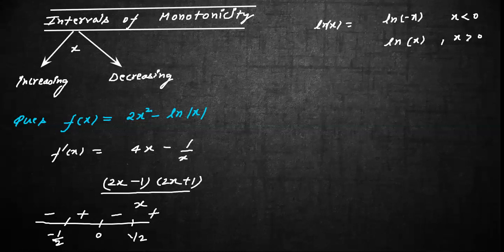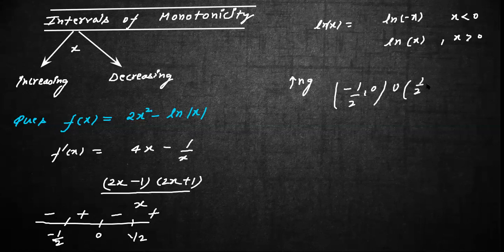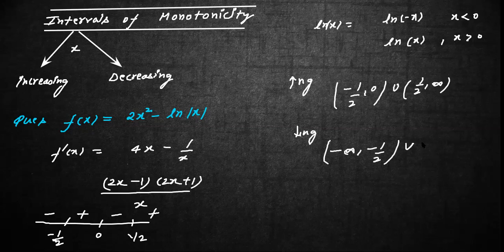So if you want to find out whether the function is increasing, we can write down, for increasing, x belongs to minus half to 0 union half to infinity. For decreasing, it is clearly minus infinity to minus half union 0 to half. So this will be the answer for the intervals of monotonicity.